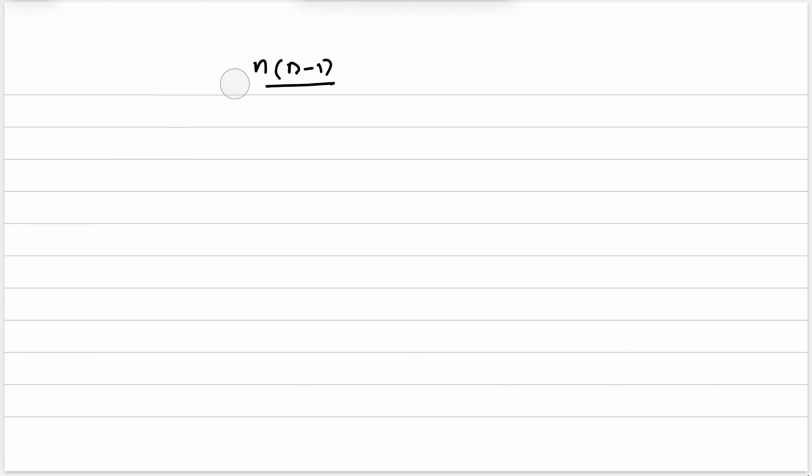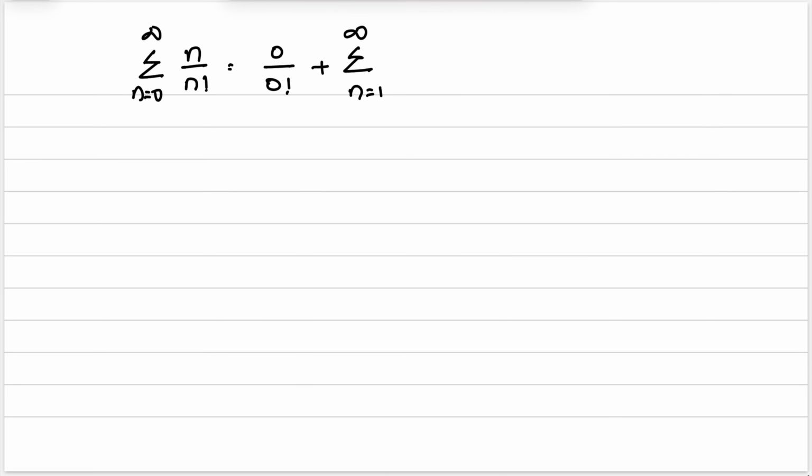Sigma n is equal to 0 to infinity n by factorial n is equal to 0 by factorial 0 plus sigma n is equal to 1 to infinity n by factorial n.